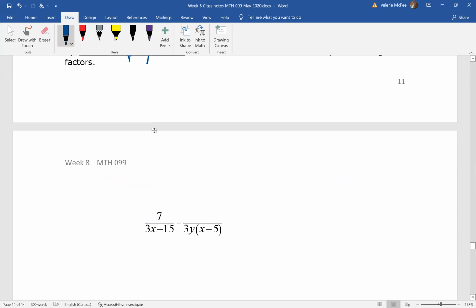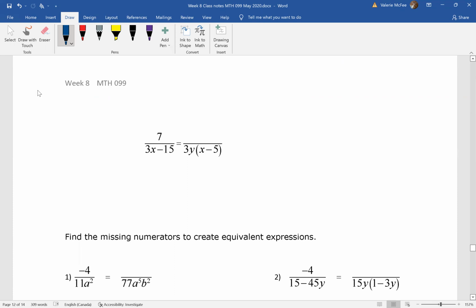Here's an example that's partly done. You can see in the first expression that we haven't factored the denominator. 3 is common. We want an equivalent expression, so we have to multiply by what's missing.